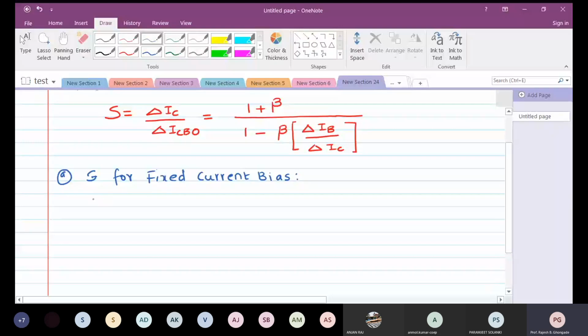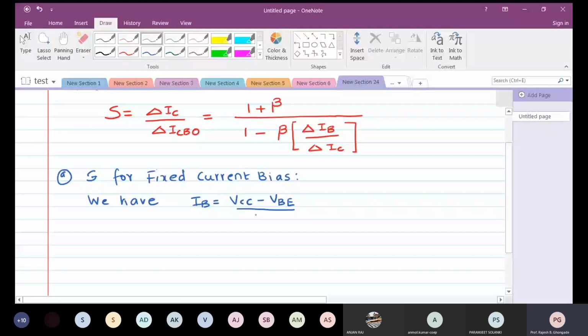So for that we have IB. Just recall, go back to that circuit and see. We have IB as VCC minus VBE divided by RB.